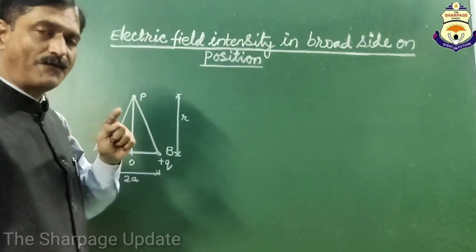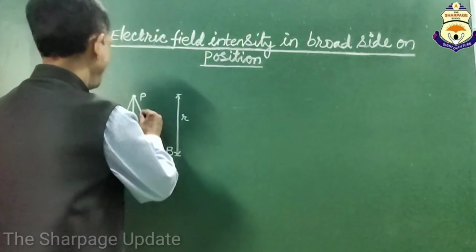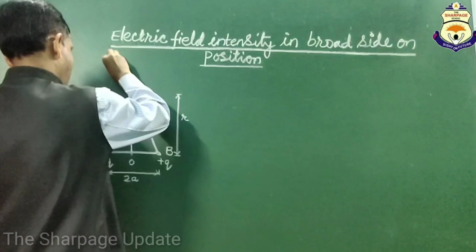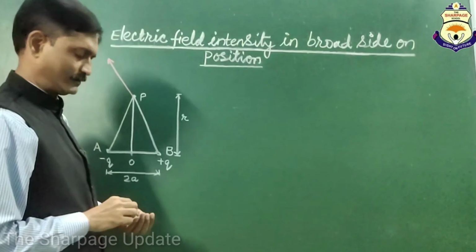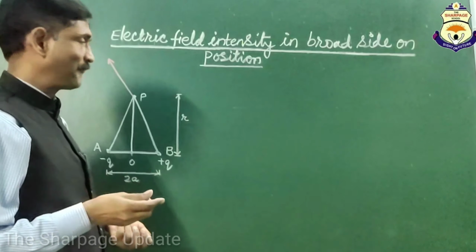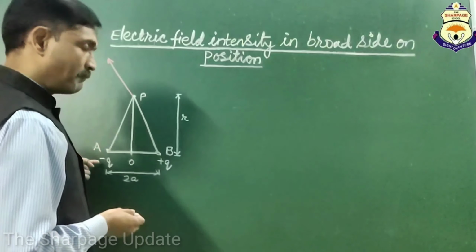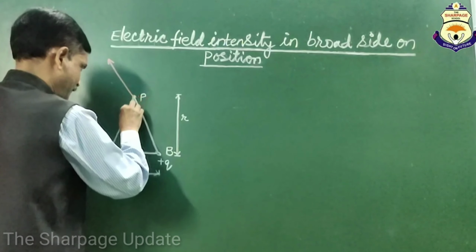Now the direction of electric field intensity E1 due to the charge plus Q will be in this way, because there is a force of repulsion, and the direction of electric field intensity E2 due to the minus Q charge will be in this direction.